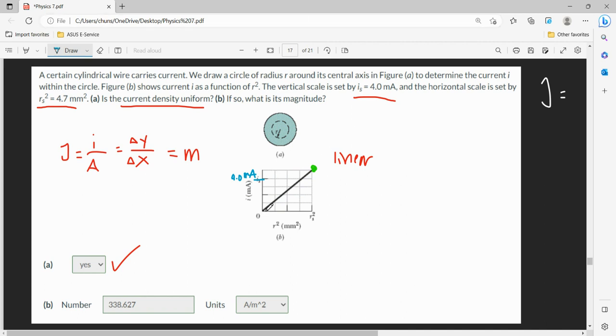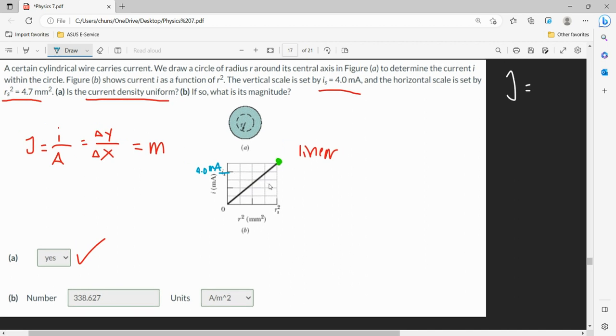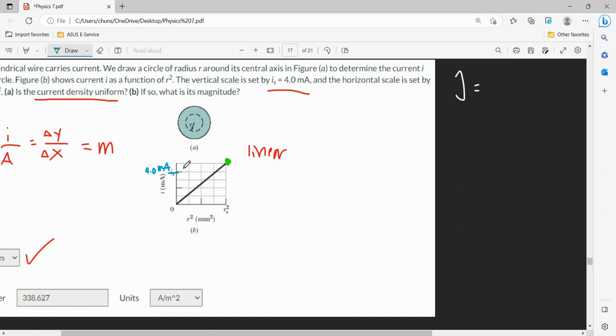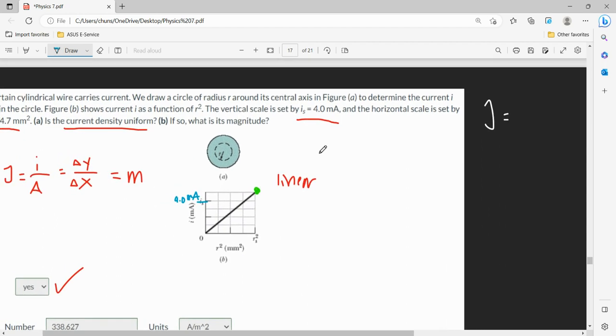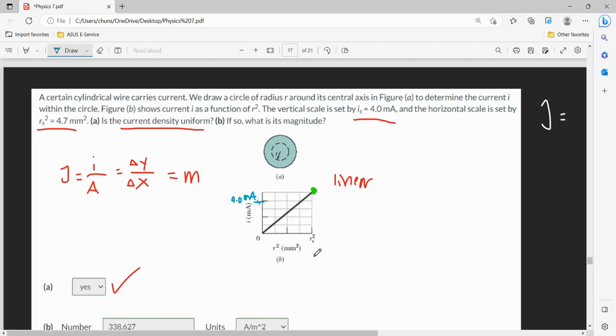And so that's 1, 2, 3, 4, 5 of those. So each one is equal to 1 milliamp. So this is going to be 5 milliamps, right? Hold on. Yeah, it actually just wants our, oh goodness, it just wants our slope.